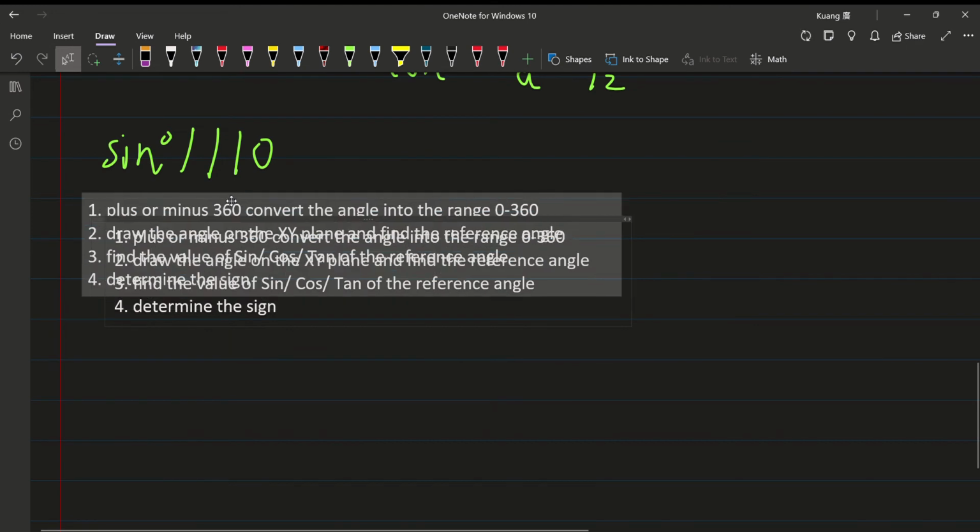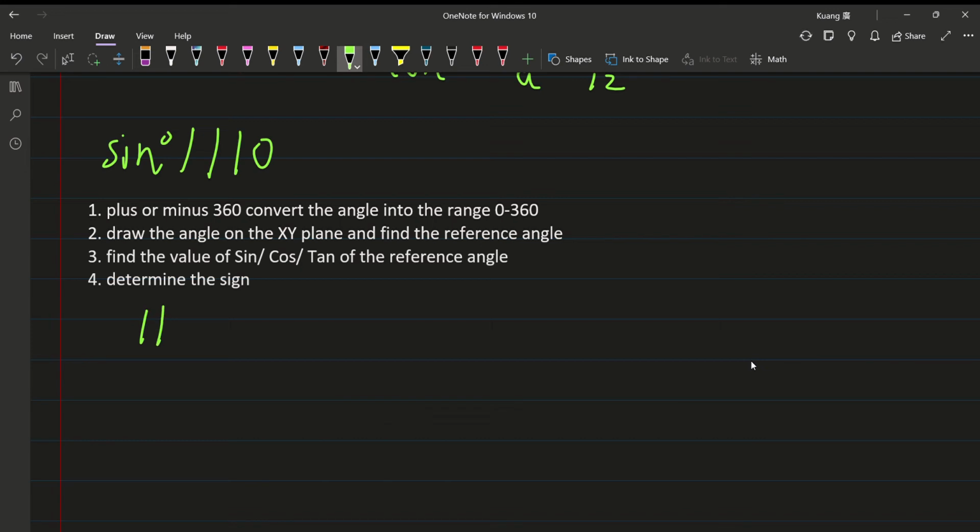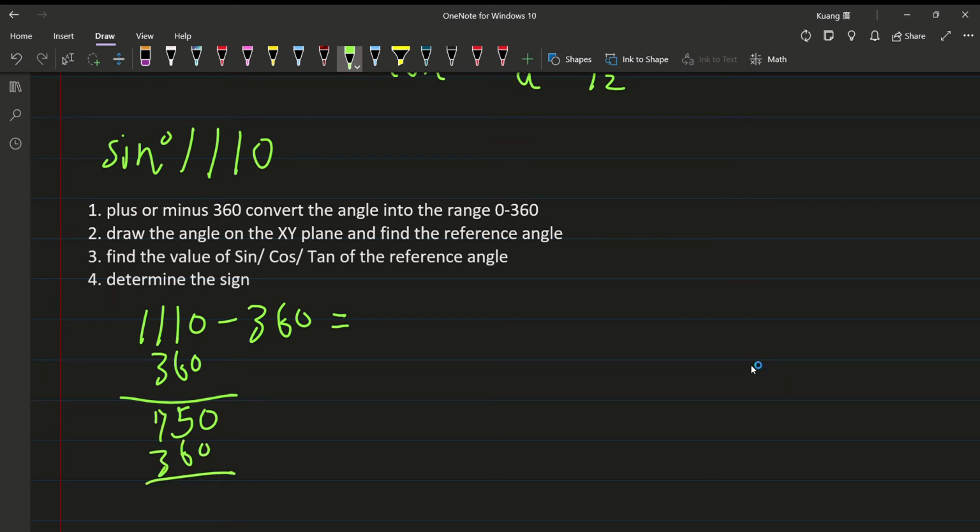We need to follow the 4 steps. So let's have a look at the 4 steps. Okay, first, plus or minus 360 to make your angle within 0 to 360. Alright? So, minus 360. So that would be 750. Okay, and minus 360 again, because my purpose is to make it within 0 to 360.